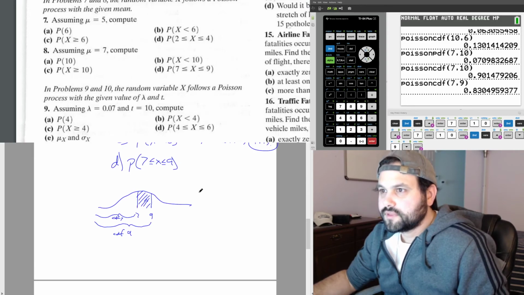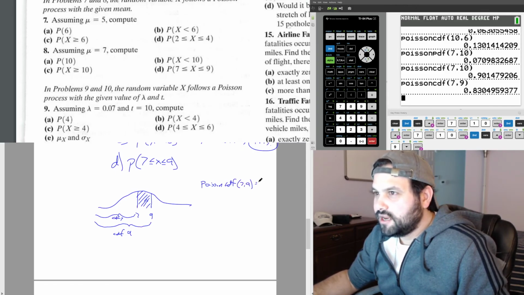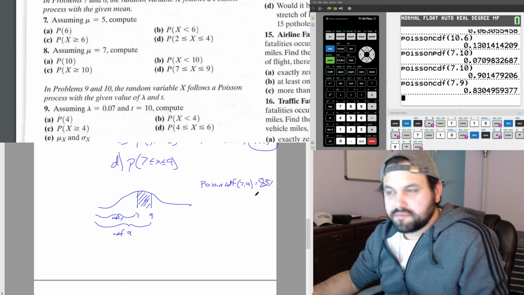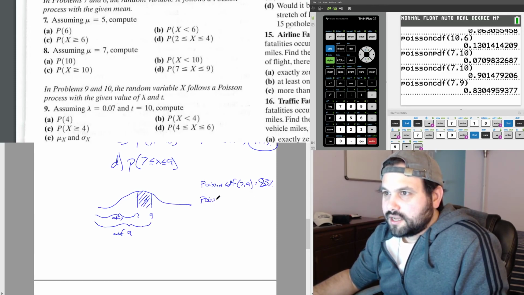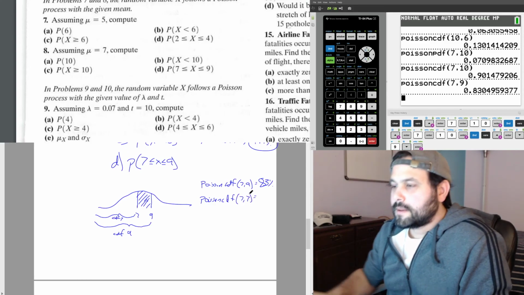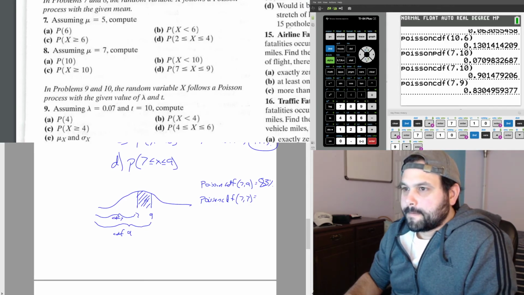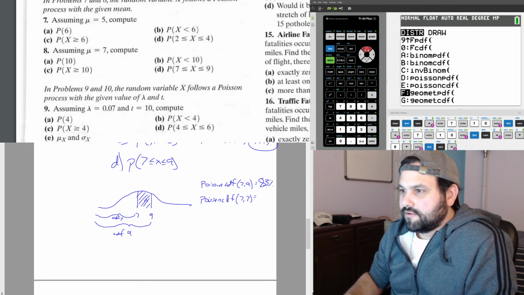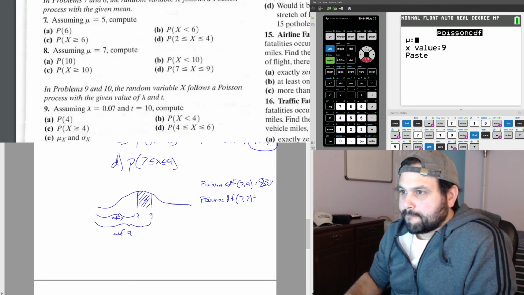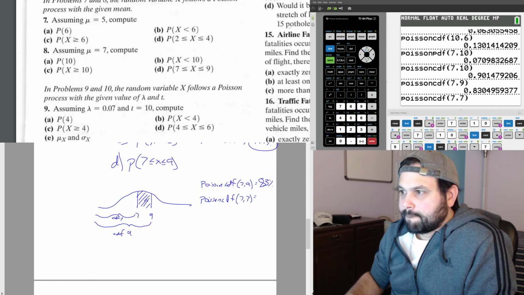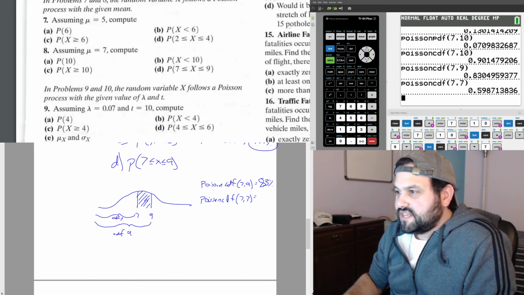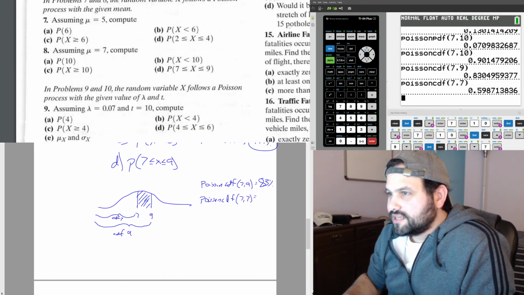So our Poisson CDF for 9 is about 83%. Poisson CDF for 7, well, we're going to go figure that out right now. And that's about 59.9%.